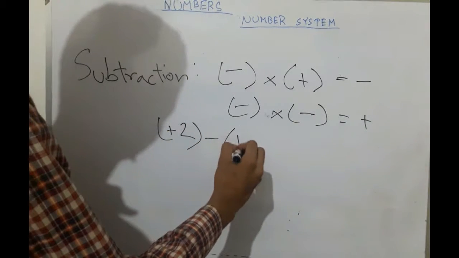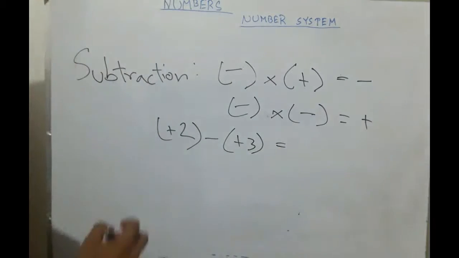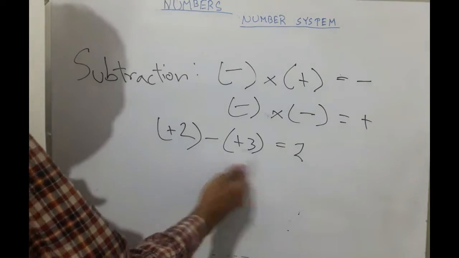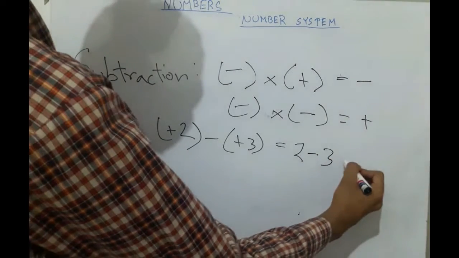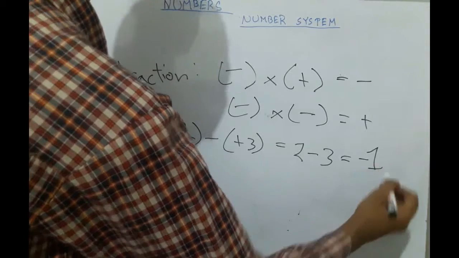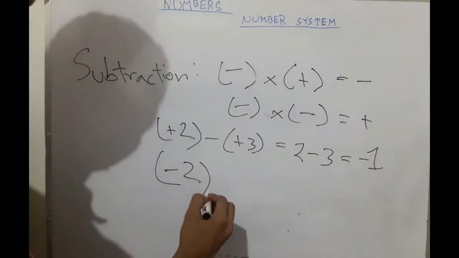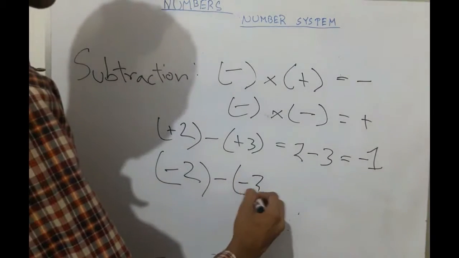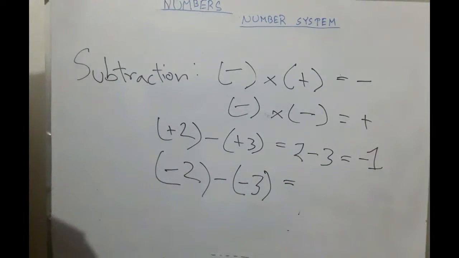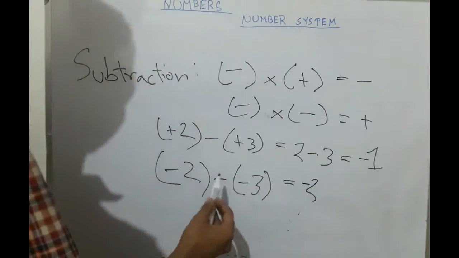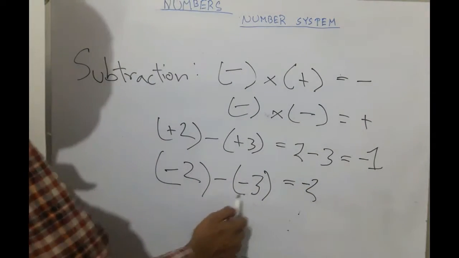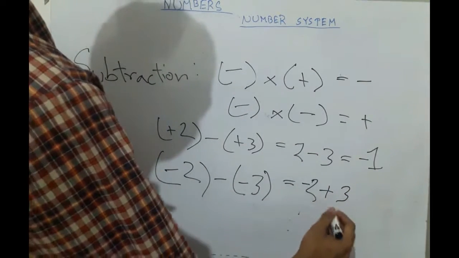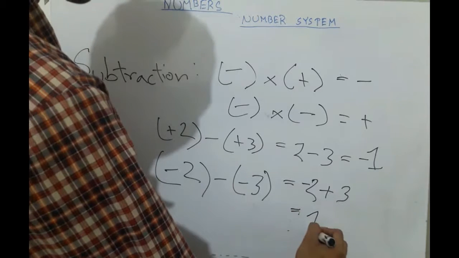Plus 2 minus plus 3, positive into negative equals negative, 2 minus 3, which will be minus 1. The number minus 2 minus minus 3 equals minus 2. Here negative into negative will be positive 3. So 3 minus 2 equals 1.